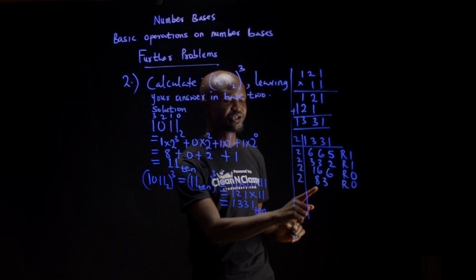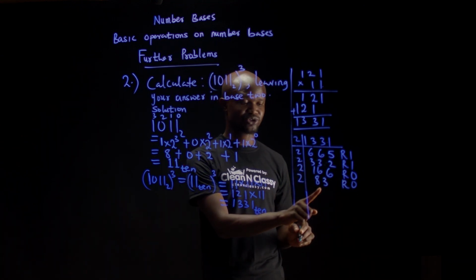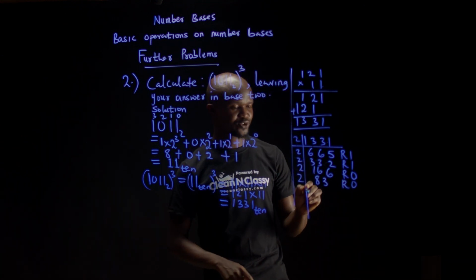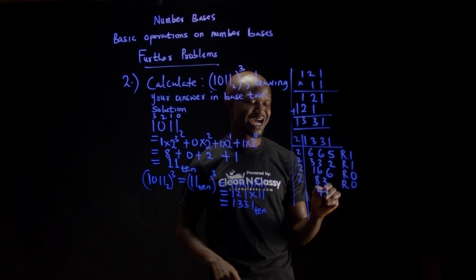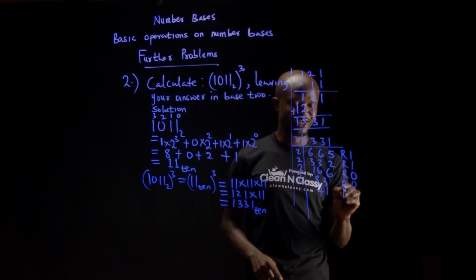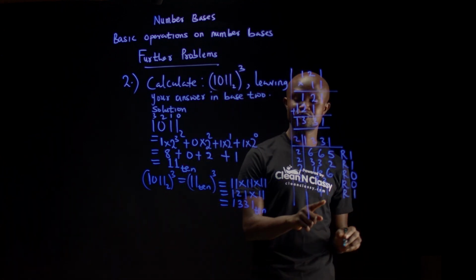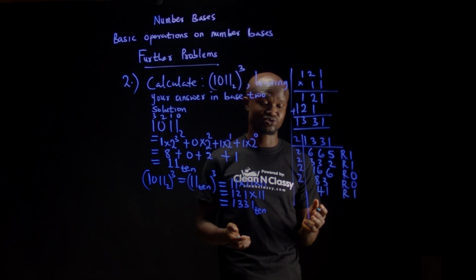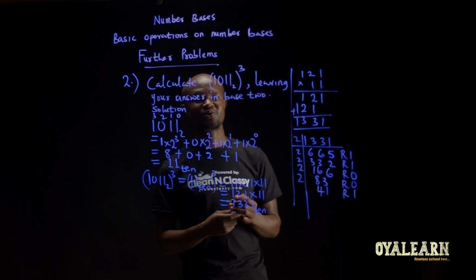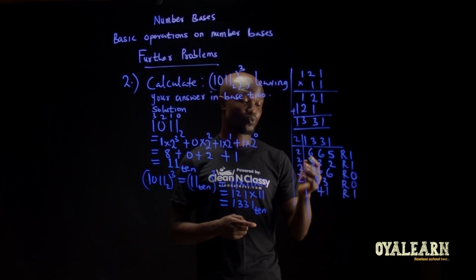Now, 83 divided by 2 is 41, remainder 1, because 41 times 2 gives us 82. Take away 82 from 83, we have 1.